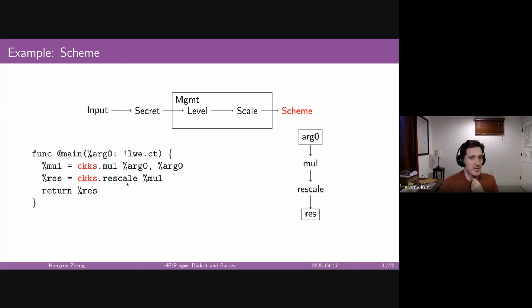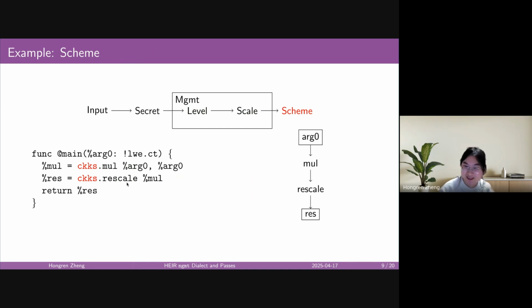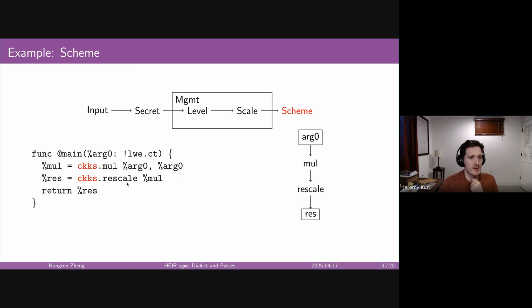If we were to lower to the scheme without knowing the ciphertext dimension or the level, it would be a lot more difficult to generate the LWE types, or we'd have to generate some default types and then go back and change them again when we have decided on all of this stuff. That's a big part of the motivation for why we're doing management at a high level before the scheme dialects.